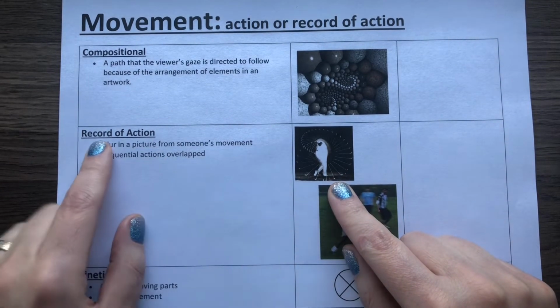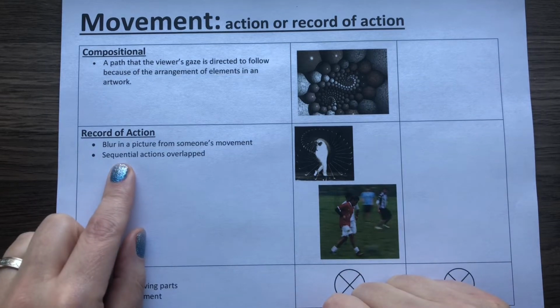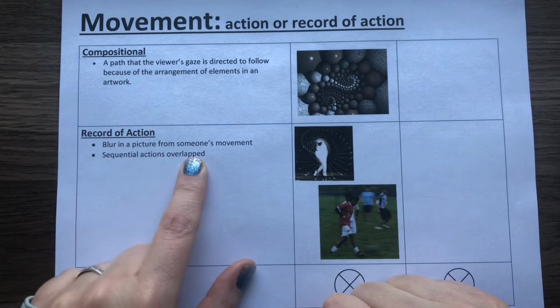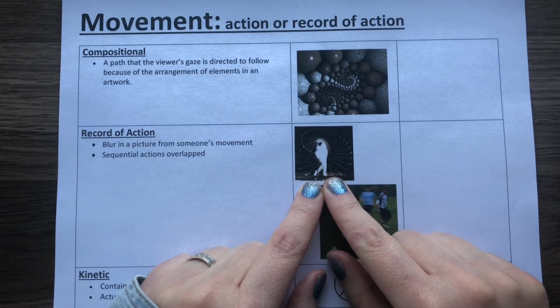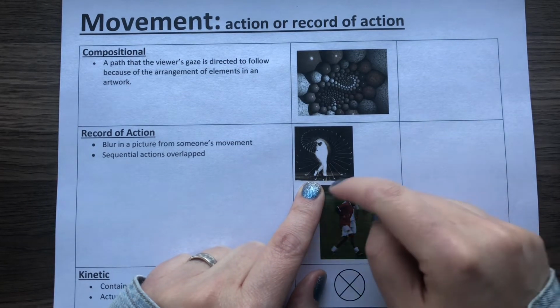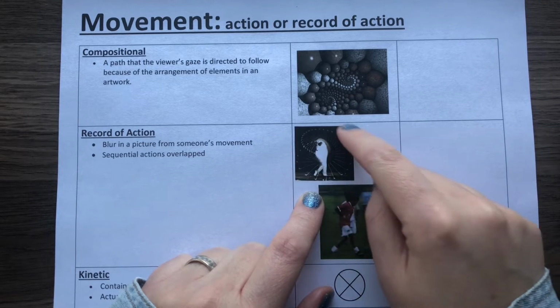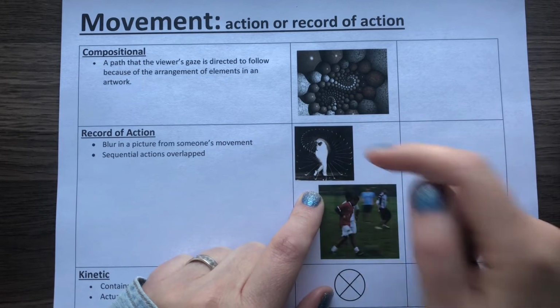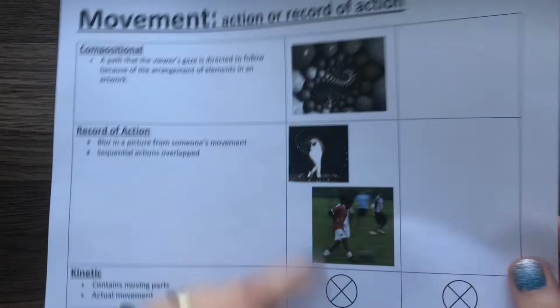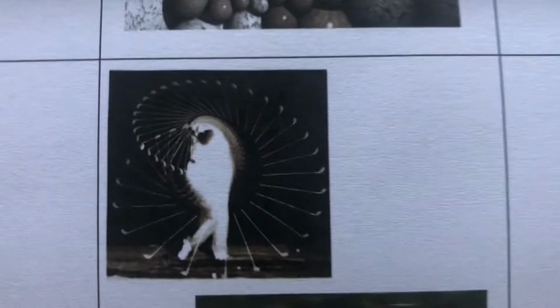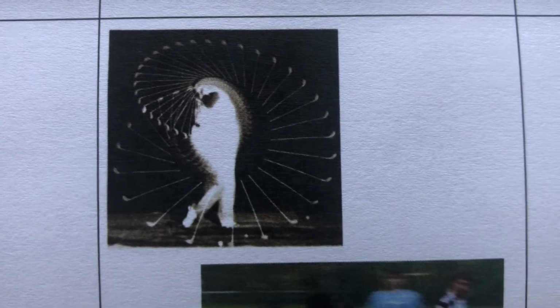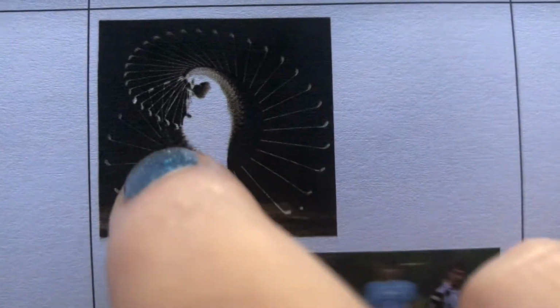Another way of showing a record of action is the sequential actions that overlap. This is one person right here in their golf swing. You can kind of see the little golf club as it goes around. Let me make sure that shows really good. Okay, now I think you can see it. You can see all the little golf club there.